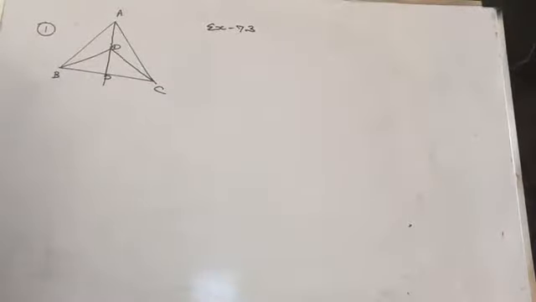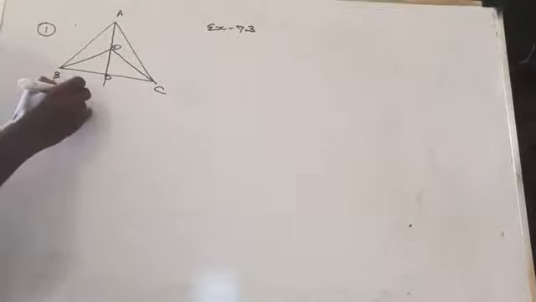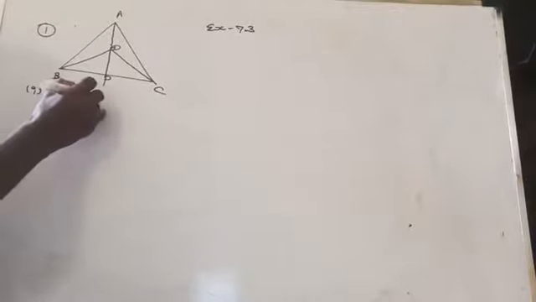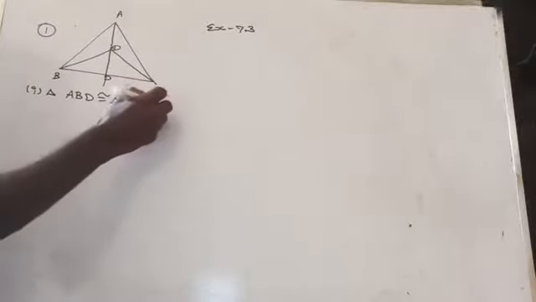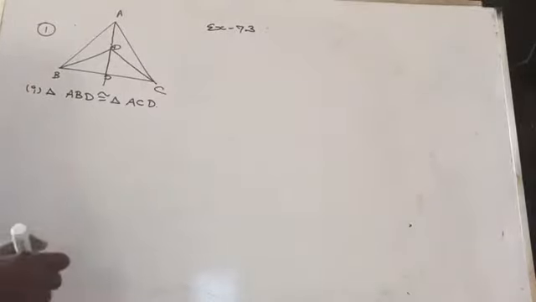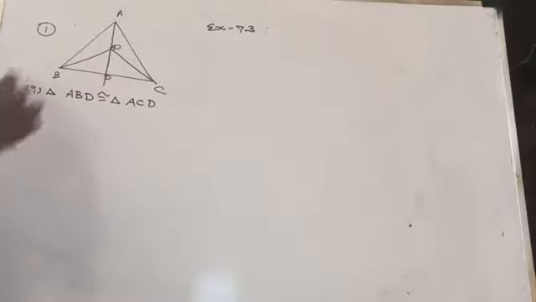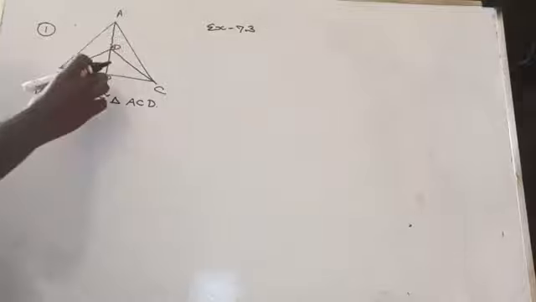Now, in the first part you have to prove that triangle ABD is congruent to triangle ACD. Here it is given that ABC is an isosceles triangle and DBC is an isosceles triangle on the same base.